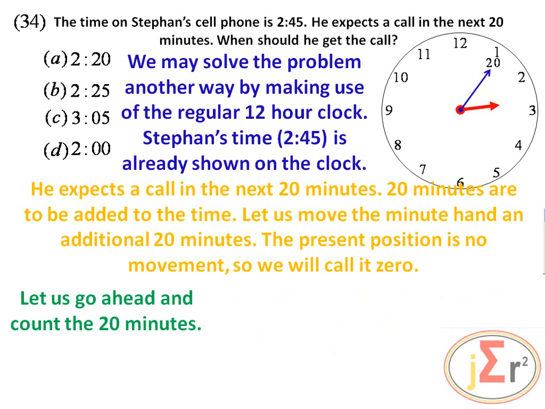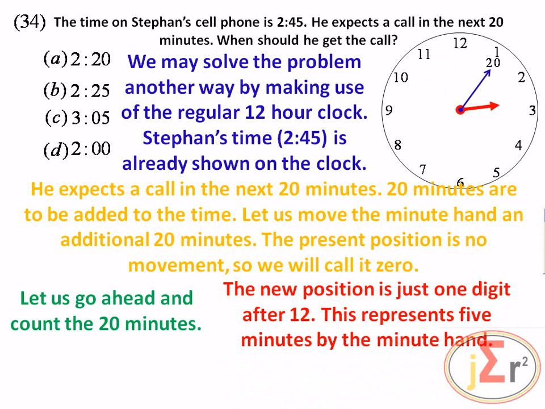Take a look at it again. 5, 10, 15, 20. Right. So we are going 20 minutes. And when we go 20 minutes, we realize that it is a single digit after 12, which represents 5 minutes.